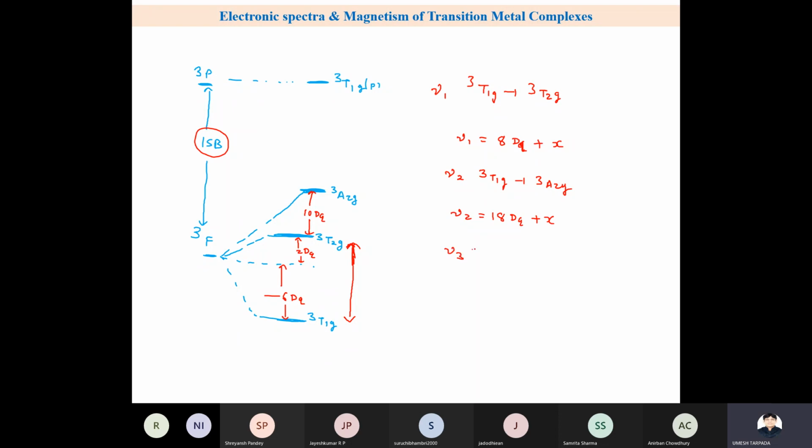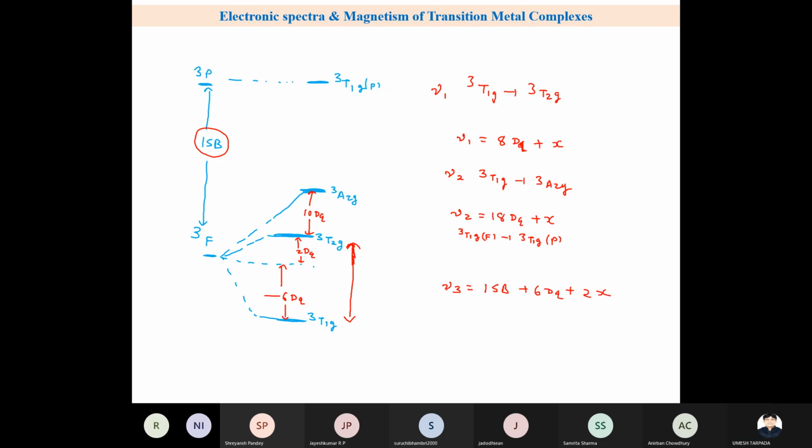What about ν3? ν3 is a transition from triplet T1G to triplet T1G(P). So ν3 becomes 15b plus 6 dq, plus 2x, since there are two transitions.